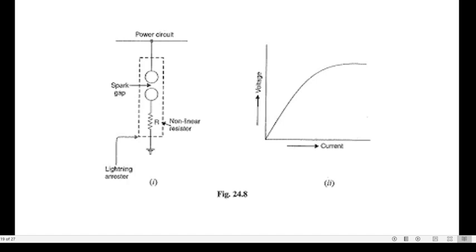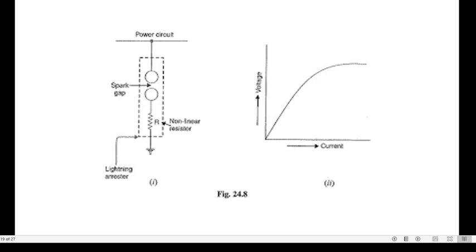So the power circuit is nothing but a feeder. There is a spark gap, a nonlinear resistor, which is again connected to the ground. So when there is a high strike, that is the lightning strike, the surge current will pass to the ground.